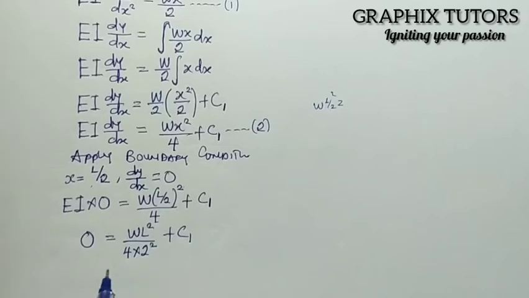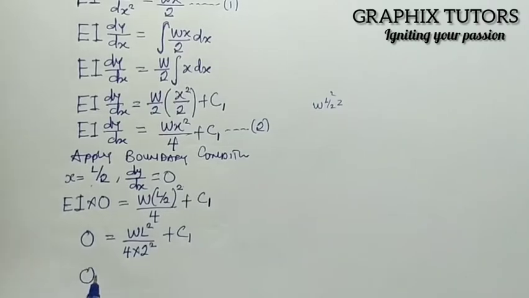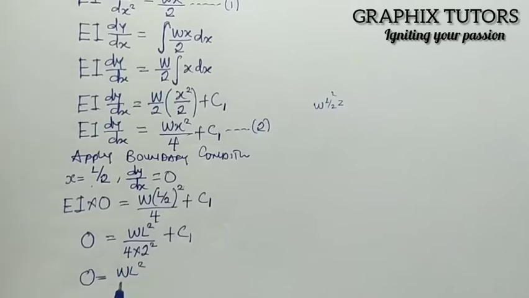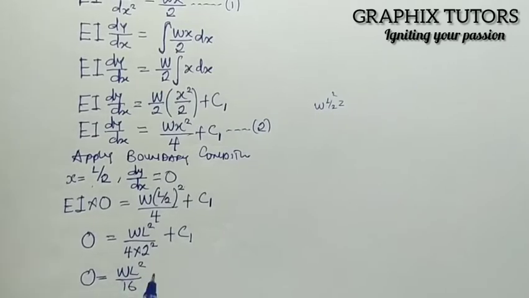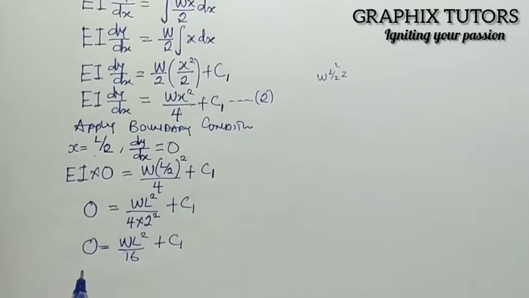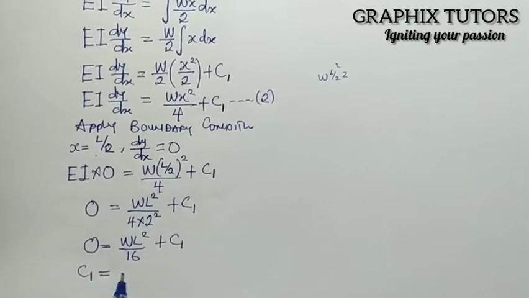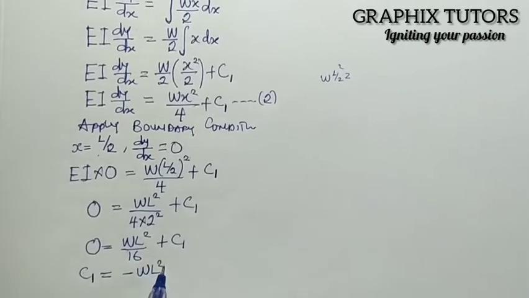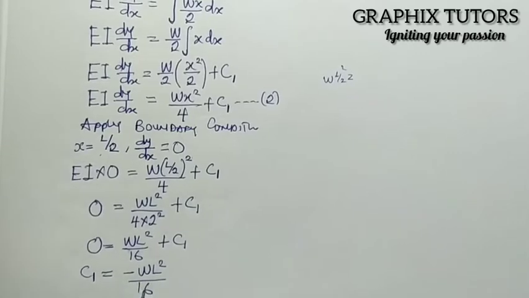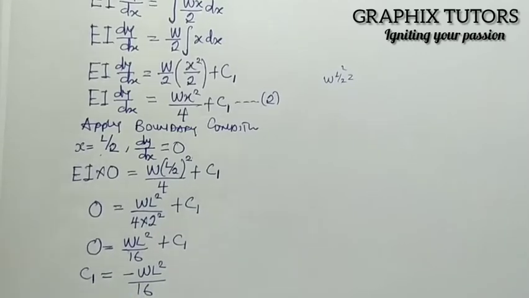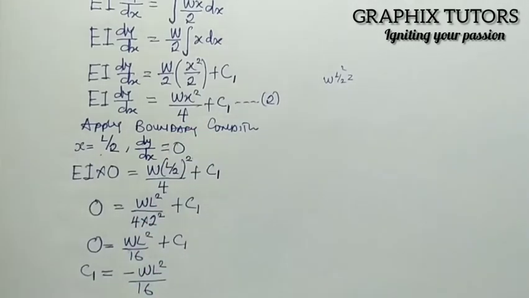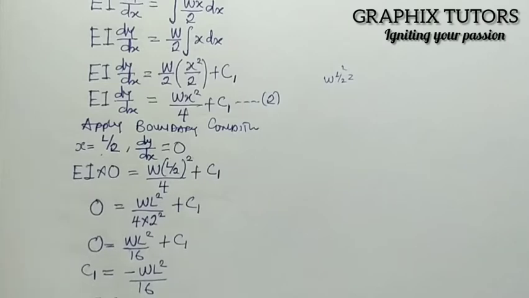So I'll be having 0 equals WL squared over 16 plus C1. So C1 will now give me negative WL squared over 16. So I will now substitute C1 in equation 2.